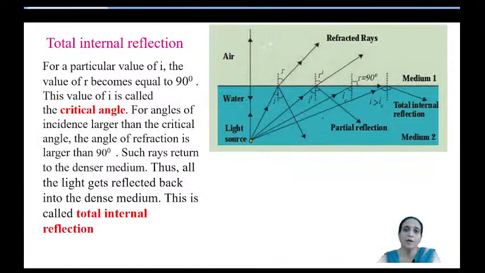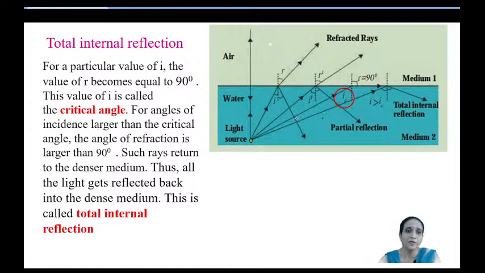For a particular value of i, the value of r becomes equal to 90 degrees. This value of i is called the critical angle. That particular value of i, when the angle of refraction becomes 90 degrees, is called the critical angle.